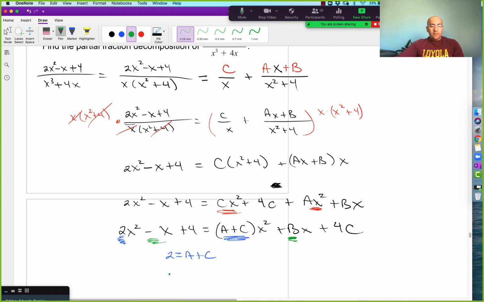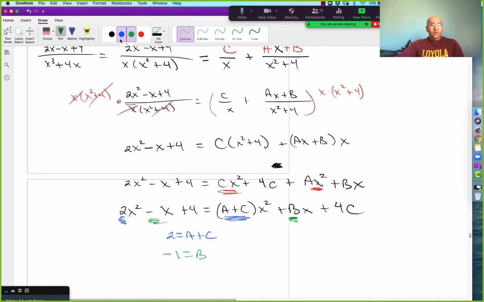Good, so that's easy. -1 must be equal to b. And finally, the 4c must be equal to 4. So 4 equals 4c. This is an incredibly easy system to solve. So c must be equal to 1.